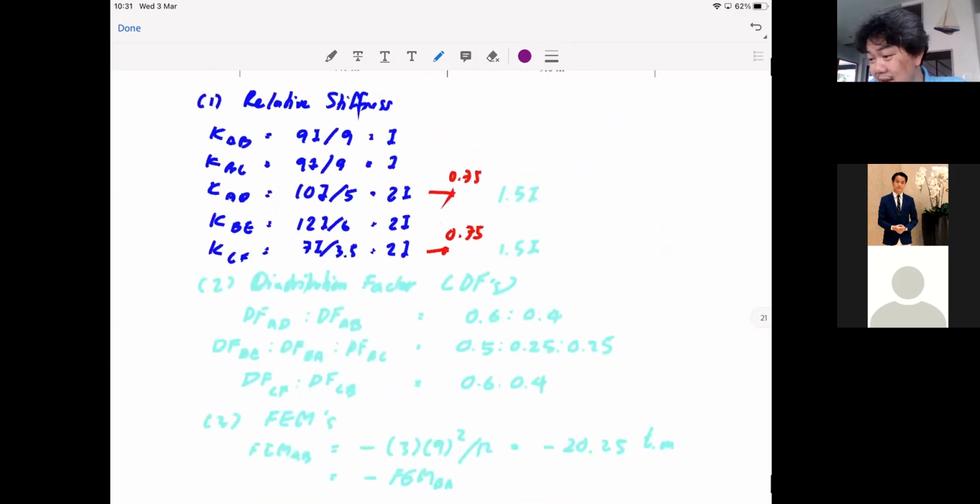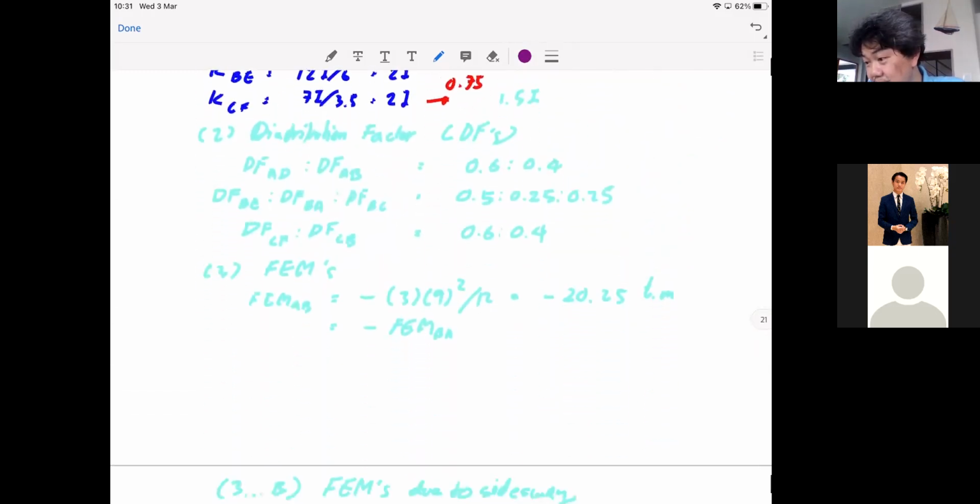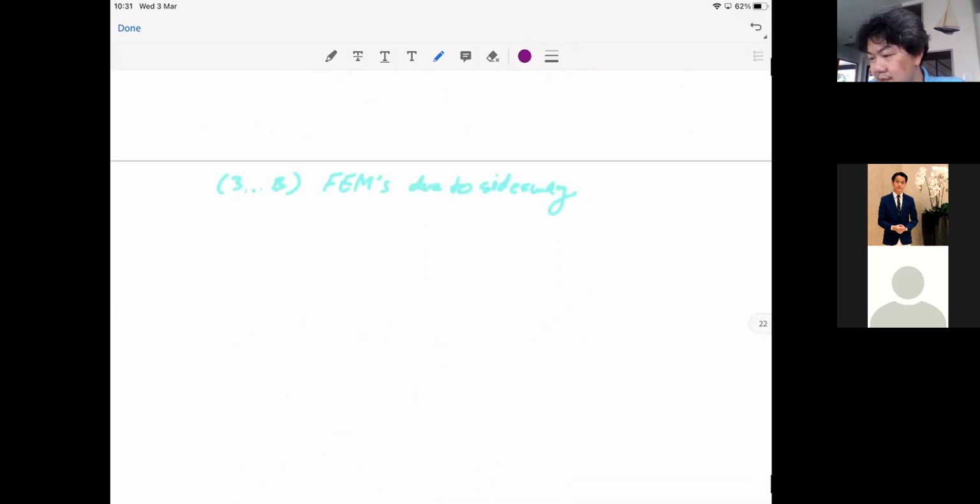Oh, here we go again. I changed that without saving. This is why we should use a good note app, right? So the formula for fixed end moment is 6EI delta over L squared.